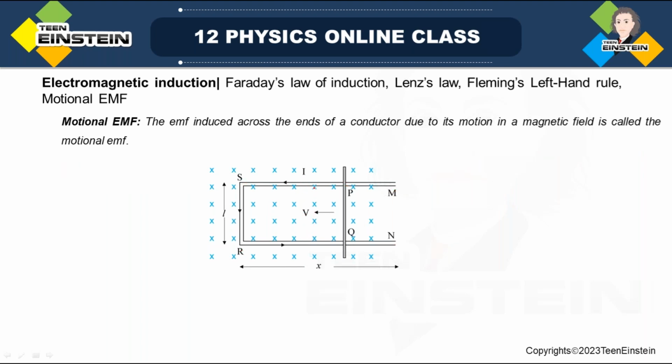So by changing the area, we can change the flux linked in that loop. Suppose at any instant of time, the length of this rectangular track is some x.